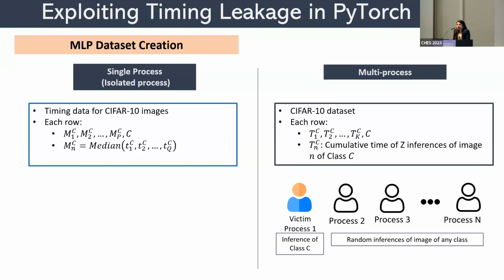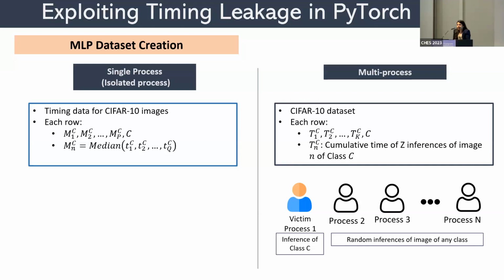In multi-process, we run multiple processes in parallel with the victim process. For this, we did a simple forking operation to run multiple processes at the same time. The victim is one of the processes, inferring for a certain class C. For creating the dataset, we take the cumulative time of Z inferences of a particular image of class C, which needs to be predicted.